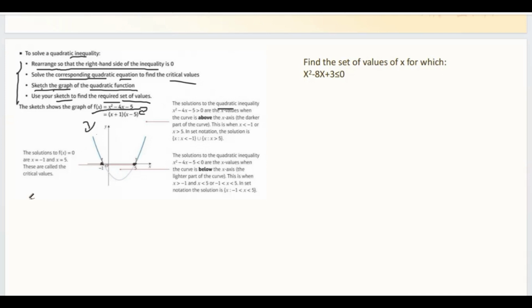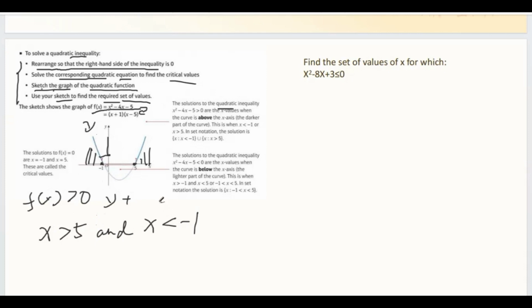If f(x) is over 0, the y values are positive, so it will be x greater than 5 or x less than -1. Sorry, x equals -1 and x equals 5, these two points are the critical values.